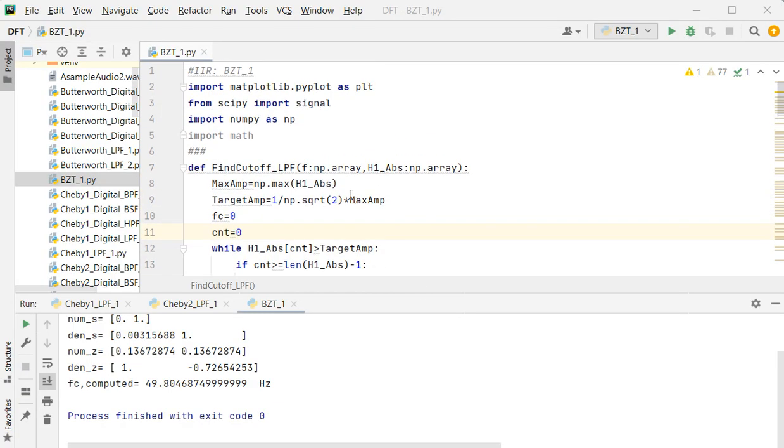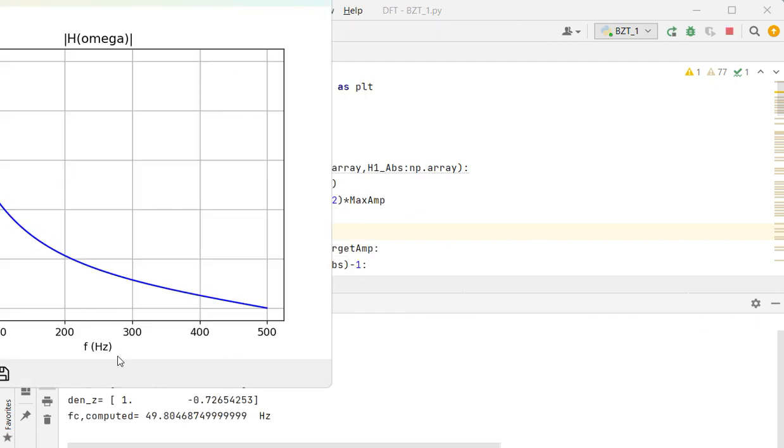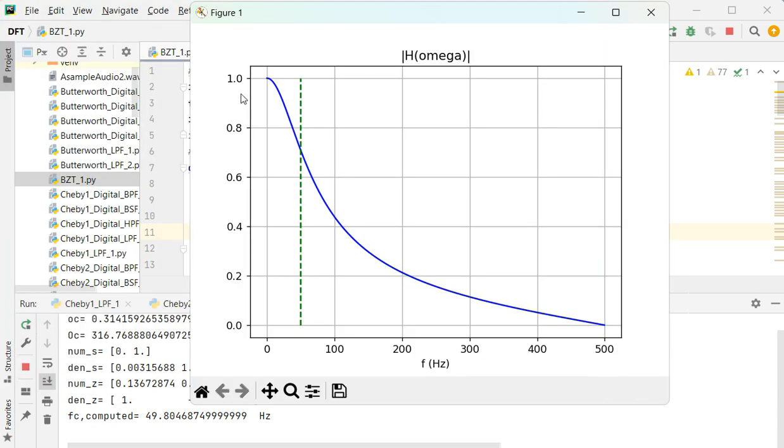We will run the program inside PyCharm. Let's run it. Okay. Here you see the result. Just notice 250 hertz as being cut off. 1 over square root of 2, which is rather 0.771.